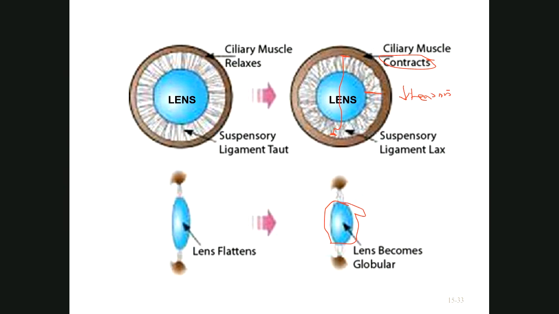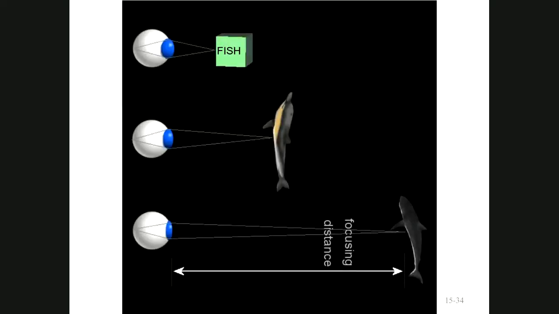But here, this thing relaxed. Look at the distance here now. It's this far. And what's going to happen is it's going to pull backwards. I'm going to increase the tension. And when you increase the tension, the lens is going to flatten. It'll look like a pancake. Does it make sense?